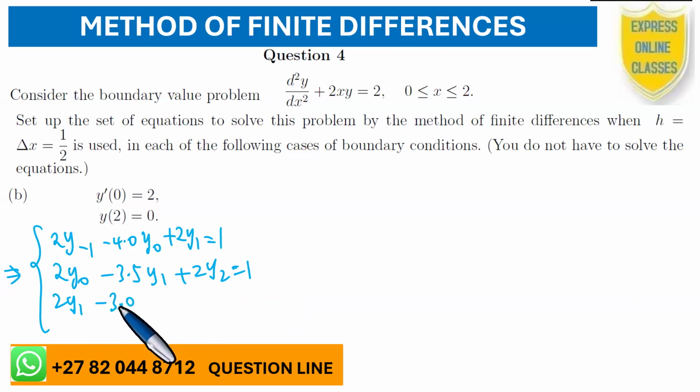Minus 3.0. 2y3 equals 1. Minus 2.5 y3 equals 1.